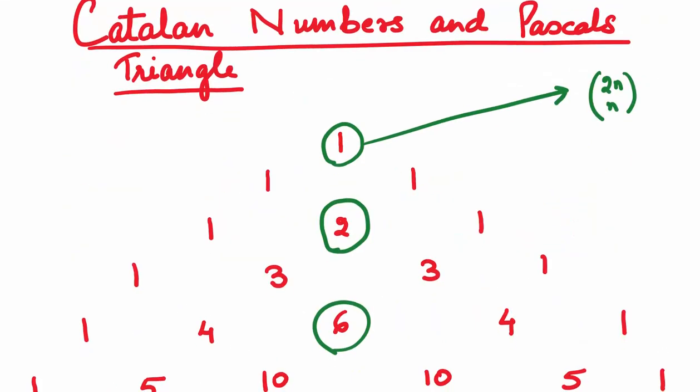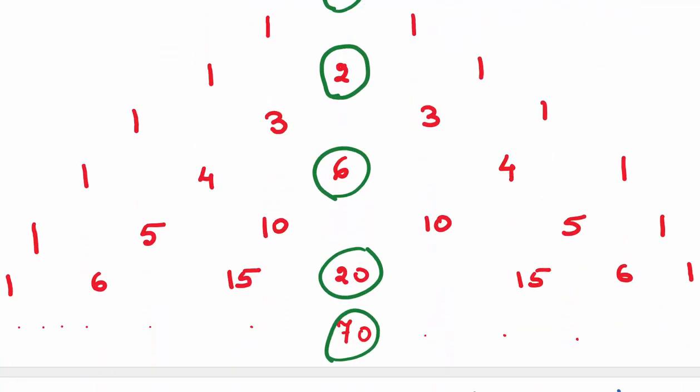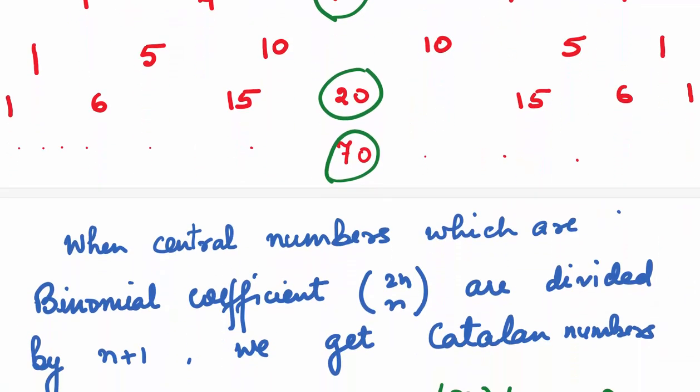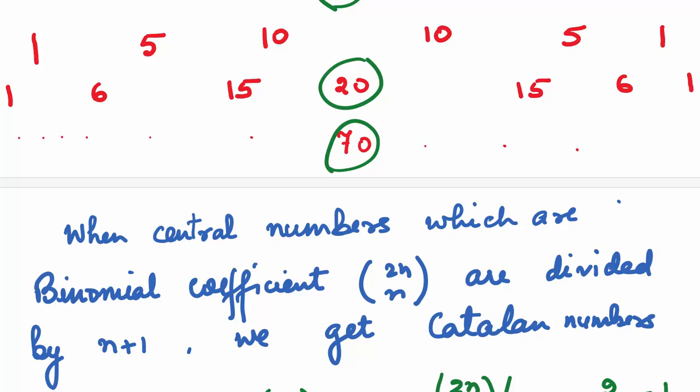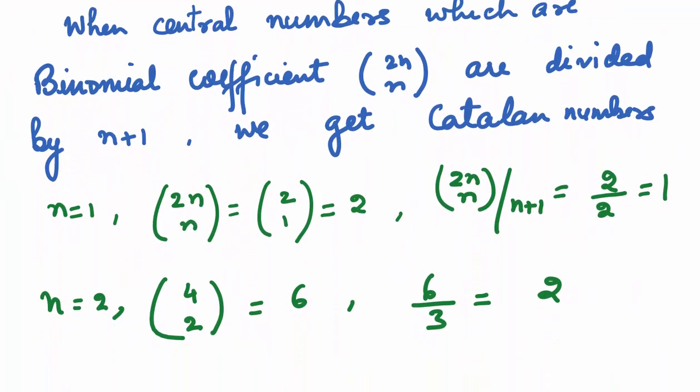Now, Catalan numbers can always be found from the Pascal triangle. I've drawn the Pascal triangle here. As you already know, the central values are nothing but the binomial coefficient 2n choose n. So, if we draw the Pascal's triangle and when the central numbers are divided by n plus 1, we get the Catalan numbers. Take n equal to 1, you get your binomial coefficient as 2.